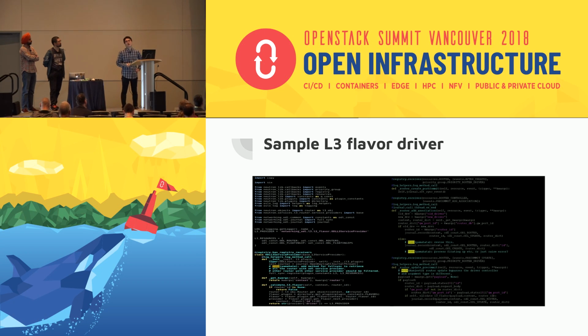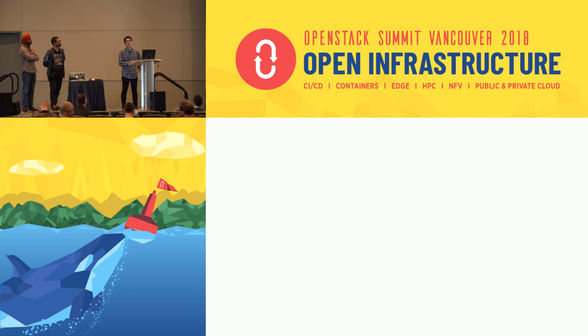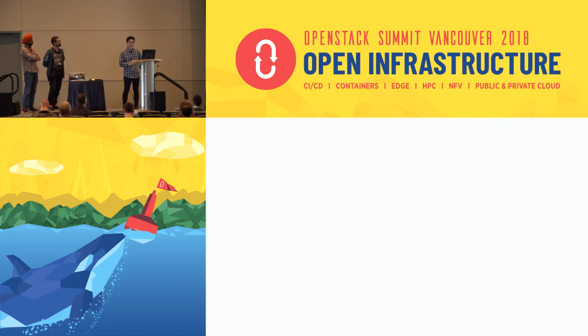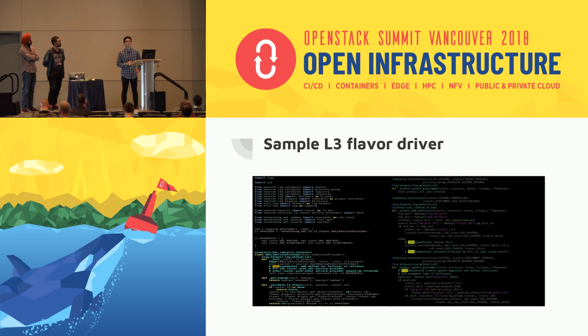Basically, so far, before, we needed to implement a monolithic L3 plugin. But now we have well-defined callbacks. So we need to implement each callback, and we need to implement what's needed for its own backend.